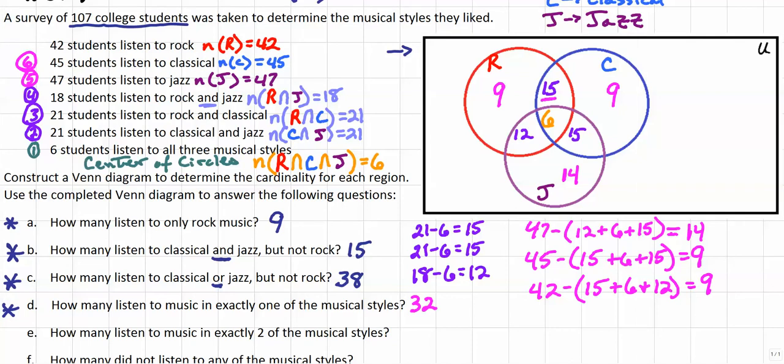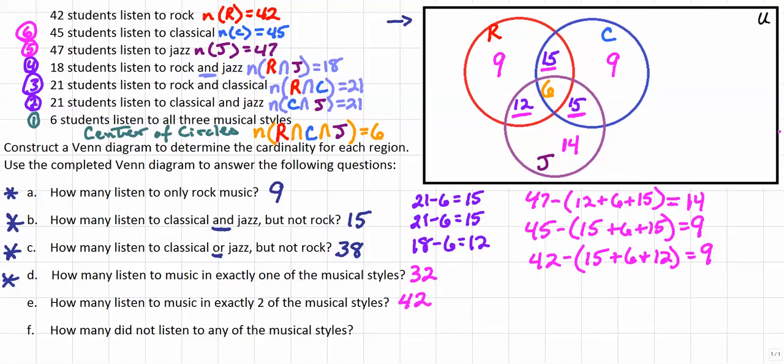So this 15 right here would be that they listen to rock and classical. That's exactly 2 styles. This would be that 12 students listen to rock and jazz, 2 musical styles. And this would be 15 students that listen to classical and jazz, 2 styles. Add these 3 together and we end up with 42.